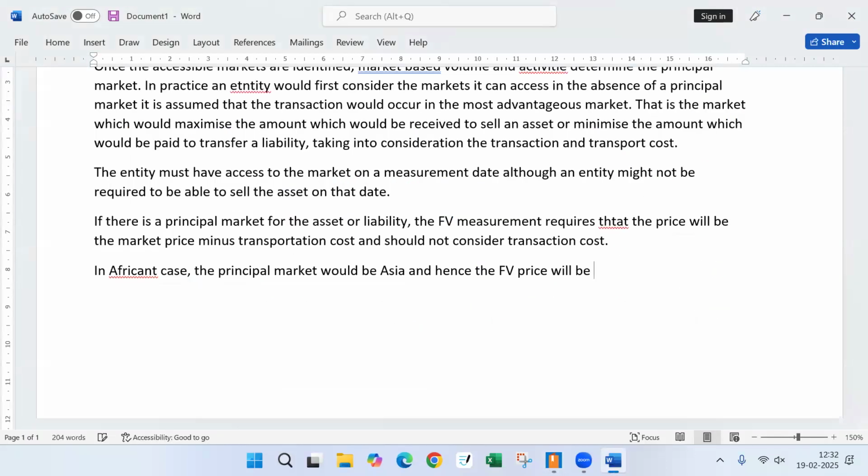So the total fair value will be 150 into 37,300, which is equal to $5,595,000.